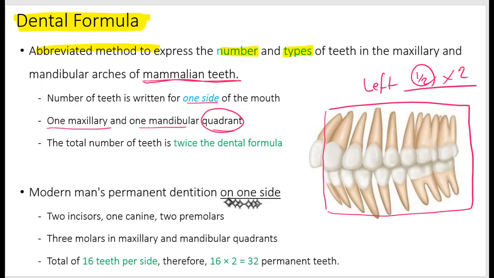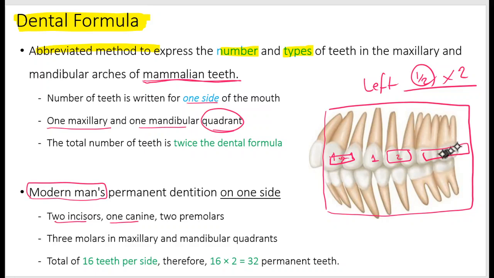Okay, so if we're taking an example for a person, like us humans, we have 2 incisors, 1 canine, right? We have 1 on each side. These are 2 incisors, 1 canine. We have 2 premolars, right? These are the 2 premolars. So here, let's do this as 2. And then we have 3 molars.